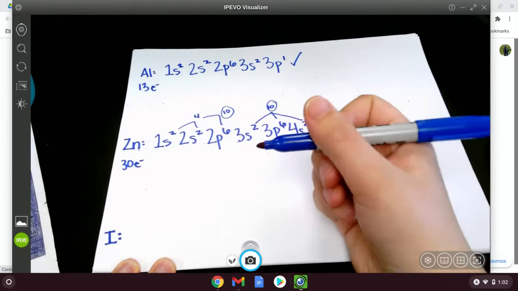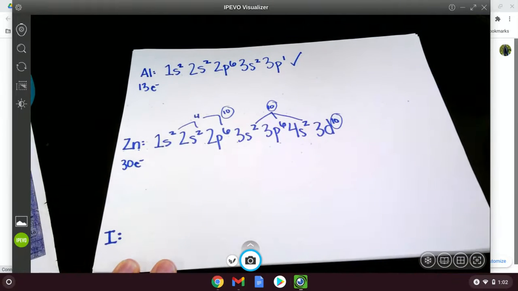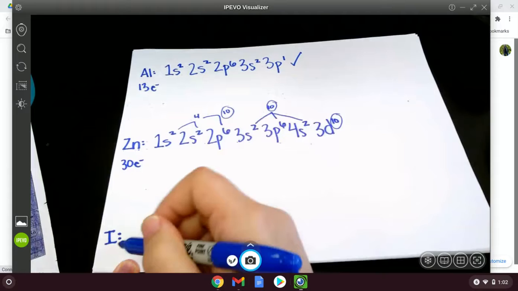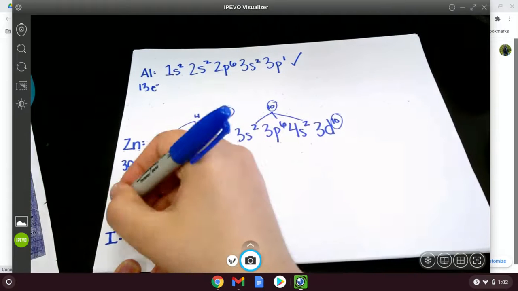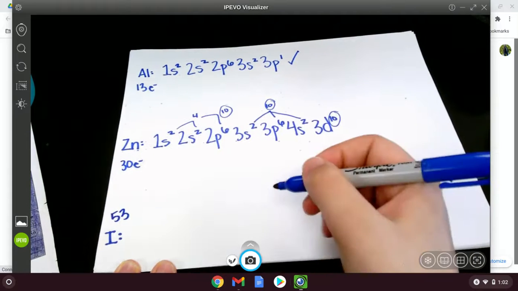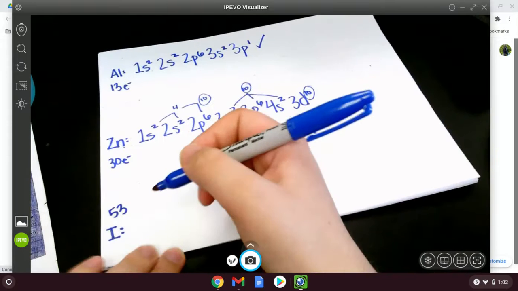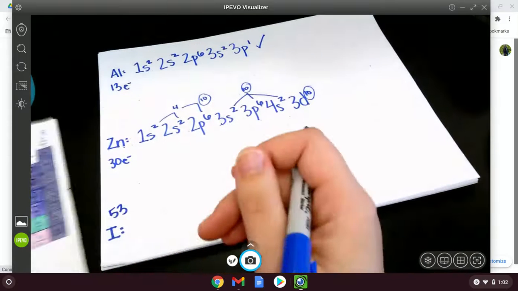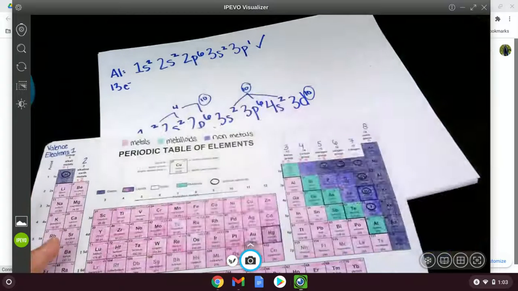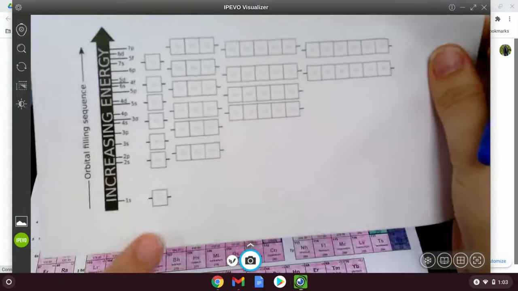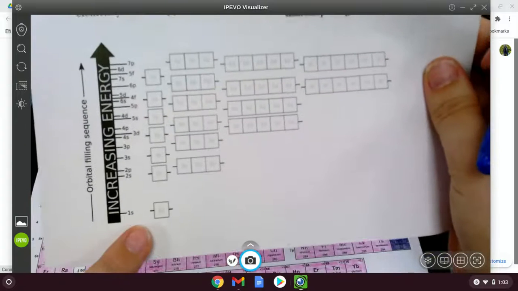So the first thing we should do is count our total number of electrons. So iodine has, unfortunately, 53. Buckle down, buckle up, I don't know. Just get ready, okay? So we're always going to start with the lowest energy level, meaning 1s.